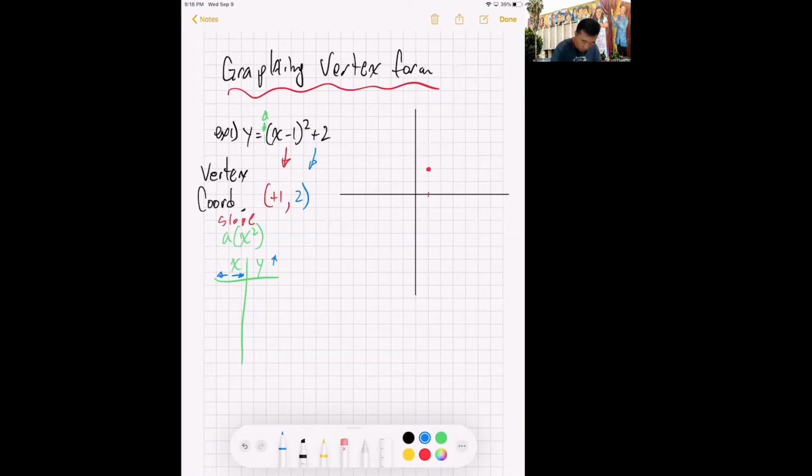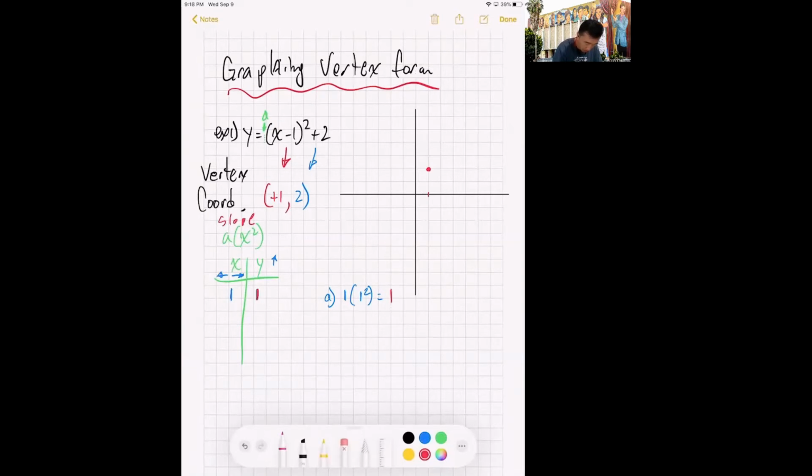So the way we're going to do it is, if we're going to do this on the side, let's go like that and go, okay, right now A is 1 times 1 squared. So we're going to put 1 here, and 1 times 1 is 1.